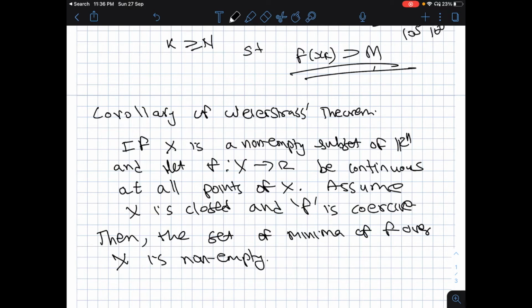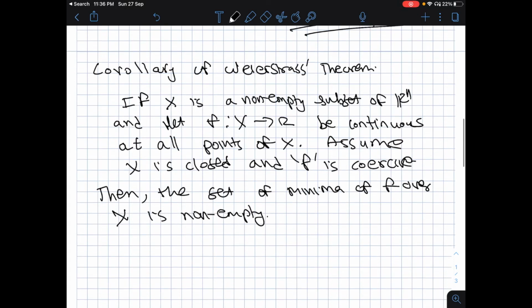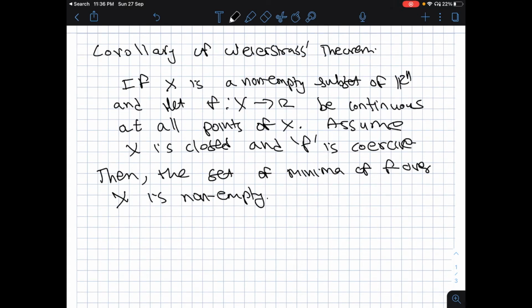So actually, you can even show that it is compact, but in our class I am going to restrict it to just showing that it is non-empty. But actually, you can also show that it is compact as well. But let's just do this non-emptiness of it.